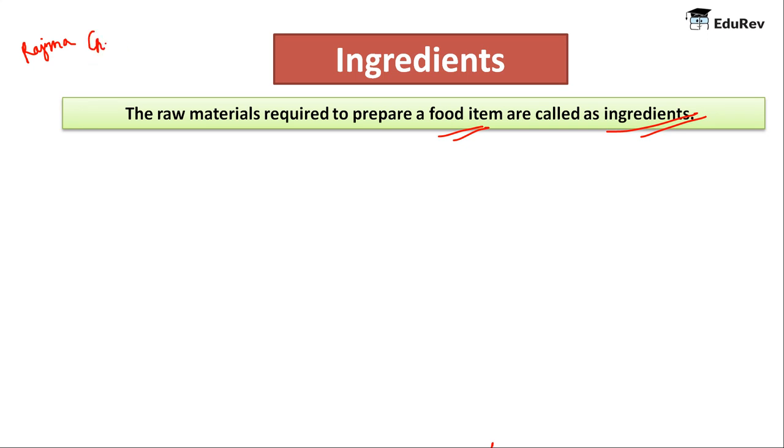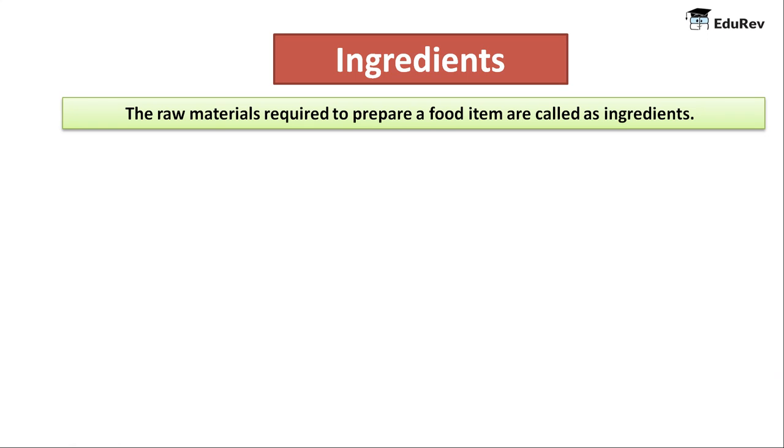So, Rajma, chawal, curd. These are three different food items. And together it is said that we are eating food. So children, food item means a particular type of dish and food means in general or overall term.